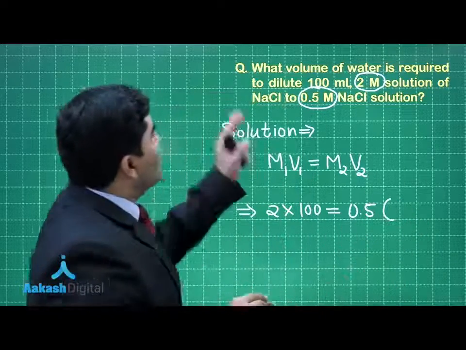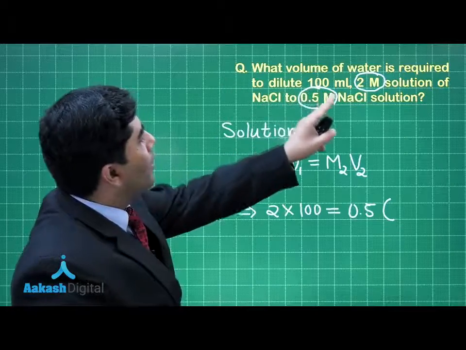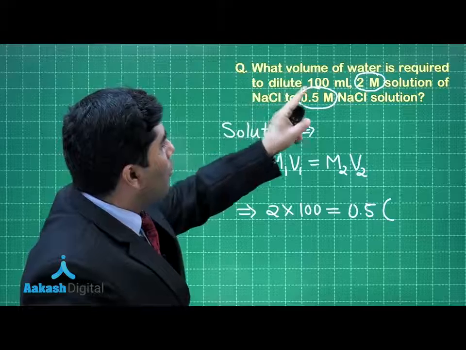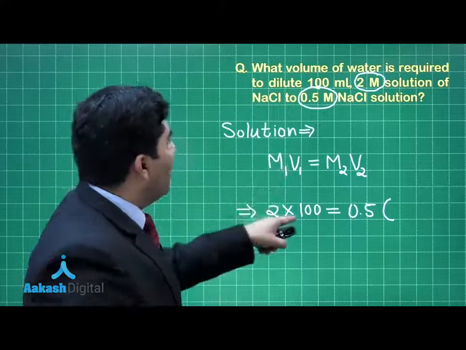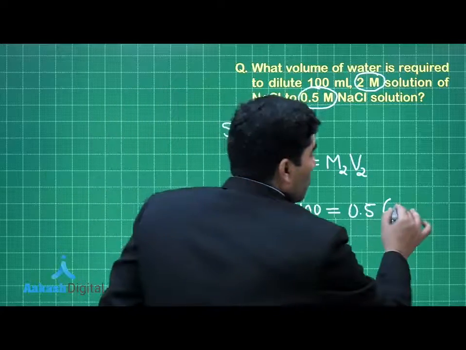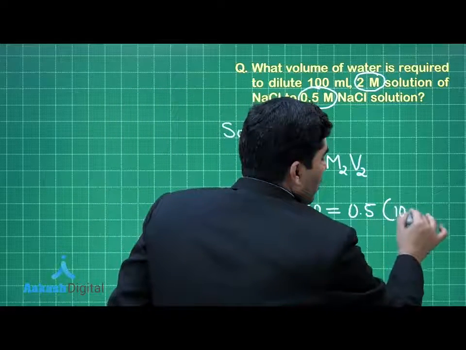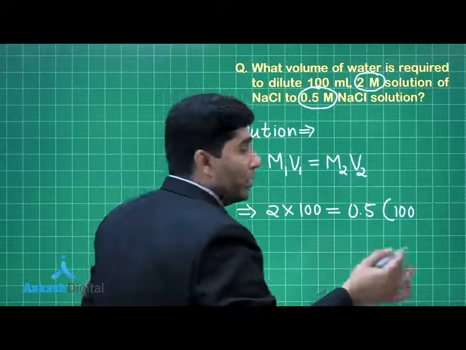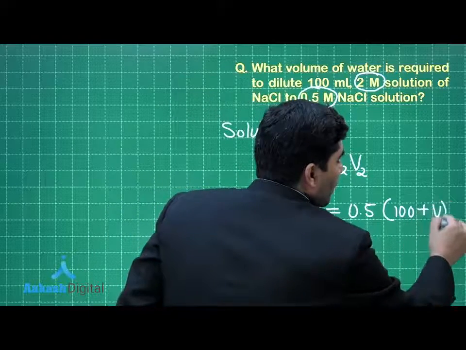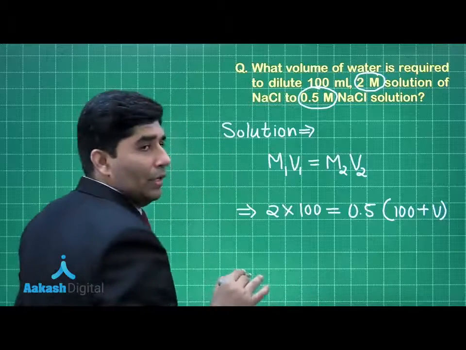Now, he is asking what volume of water is required. So it means that we have to add some volume of water. Initially, we have 100 ml. So, let us assume that V is the volume of water which is required. So the total volume will become 100 plus V, right?